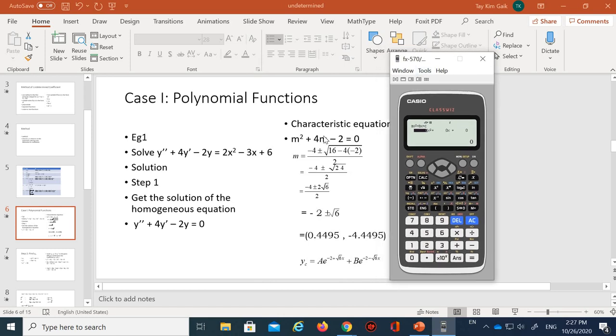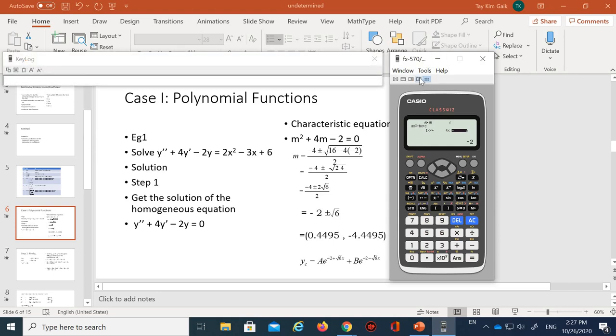So 1, coefficients 4, negative 2. So you straight away get the first root, x1, negative 2 plus 6, and the second root, negative 2 minus 6.